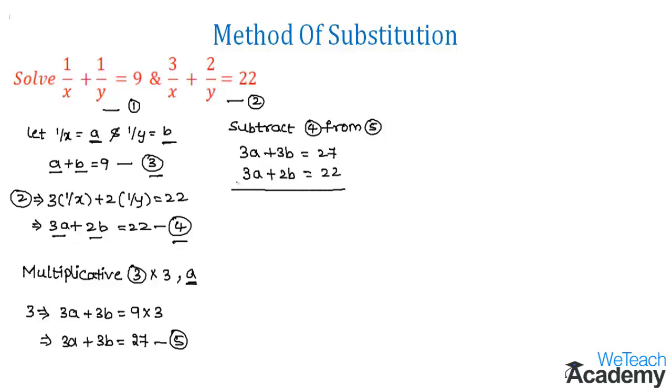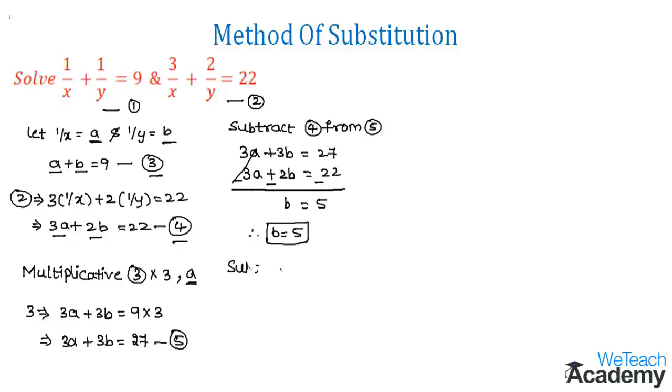So 3a would be minus 3a, plus 2b would become minus 2b, and on the right hand side 22 becomes minus 22. We can cancel 3a and minus 3a of the first two terms, and from the second terms we get 3b minus 2b as b is equal to 27 minus 22, which is 5. Therefore we get the value of b as 5.